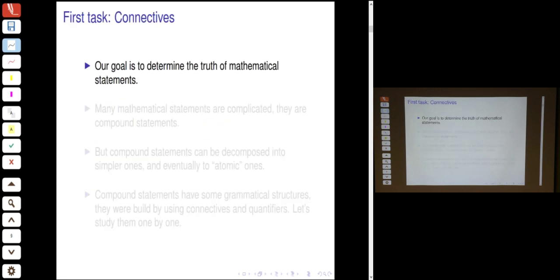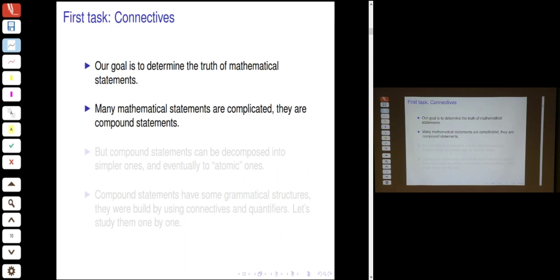Now the first thing, logic is a study of these kinds of things. The first thing we want to study is the connectives. Well, in the introduction, I already showed we want to determine the truth of mathematical statements, right?